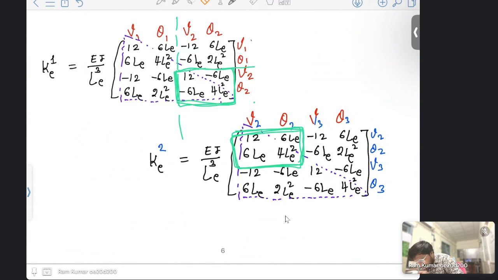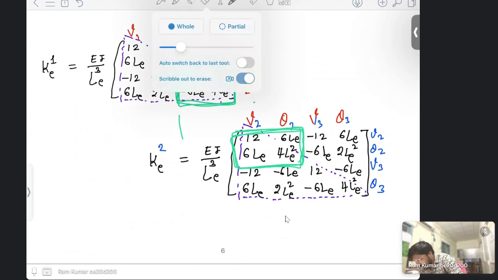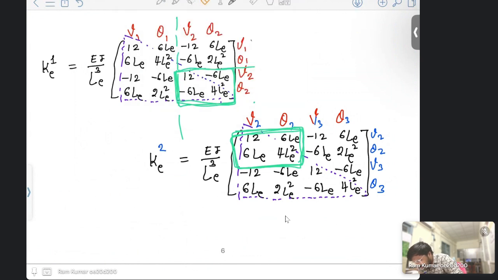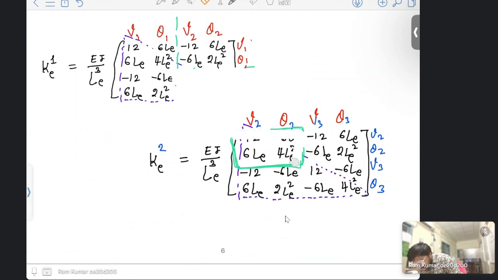One thing we have to think here: this one will be deleted, and what will be our final one? Because we have to add at this location.